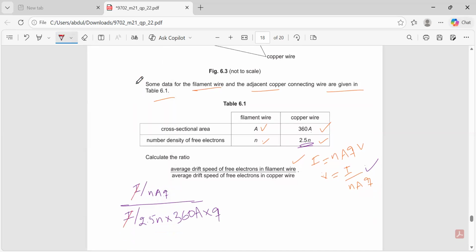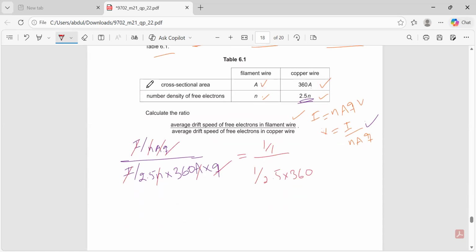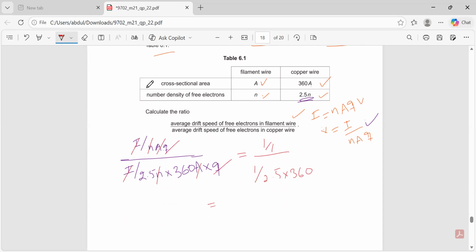I cancels with I. N cancels with N. A cancels with A. Q cancels with Q. So now what is left behind? By the way, at the top it is only 1 over 1, and here 1 over 2.5 times 360. And you know, the denominator is basically the numerator. So this ratio will be 2.5 times 360.